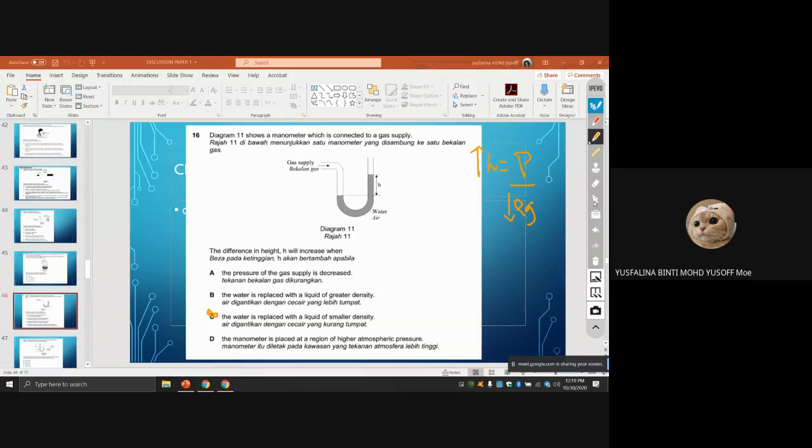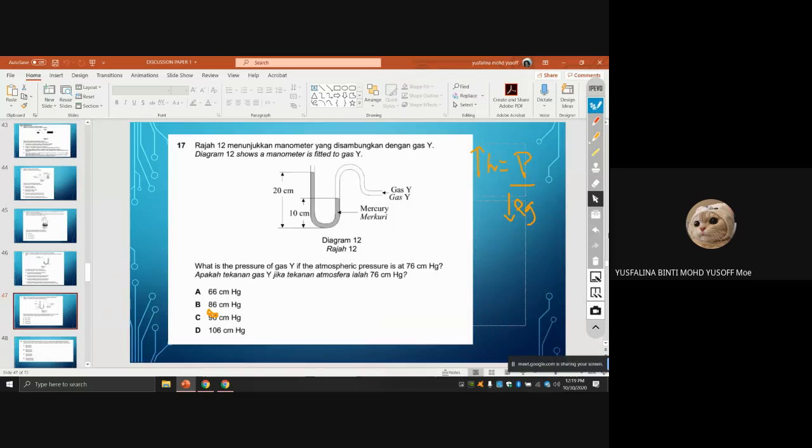Alright, next question. What is the pressure of gas Y if the atmospheric pressure is 76 cmHg? This one, the gas is higher than atmospheric pressure, right? So you just have to add the atmospheric pressure with the difference of the length here.